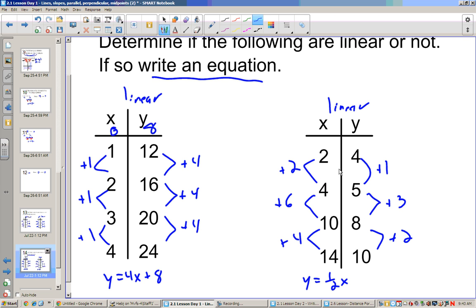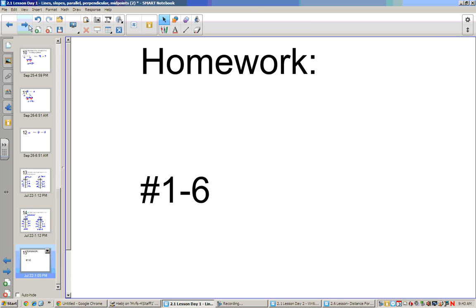Now we have to find the y-intercept. So if I went back down to 0, I'd go down 2, and so this would have to go down 1. So 0, 3 would be a point. So 1/2 x plus 3 is my equation. All right, now try to do the homework. Good luck.